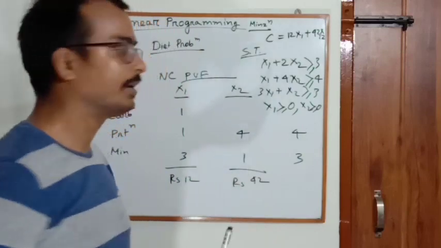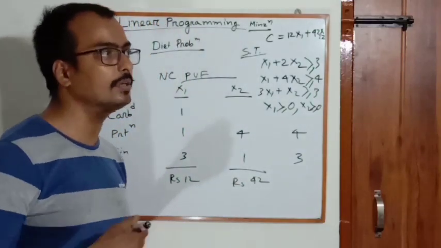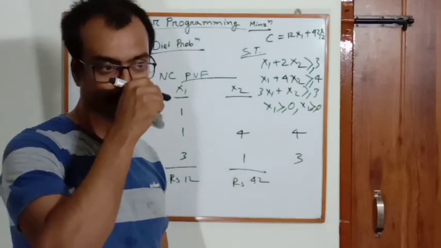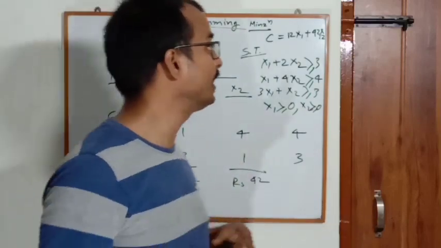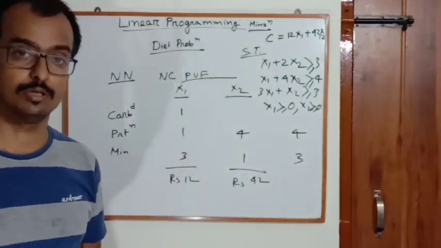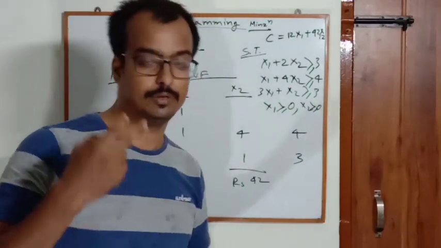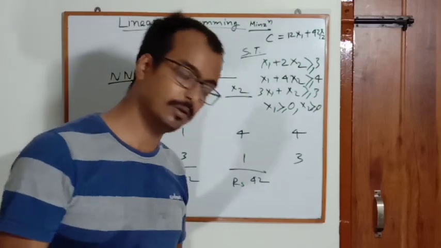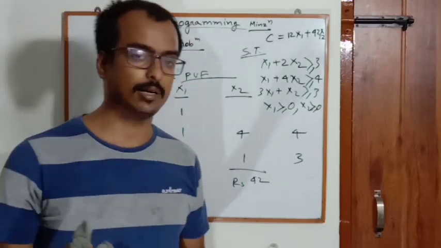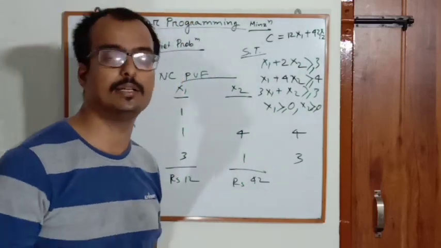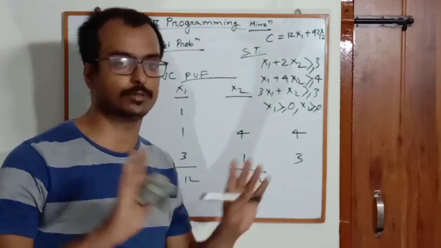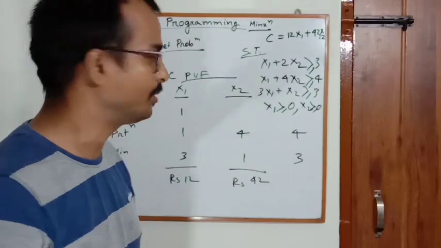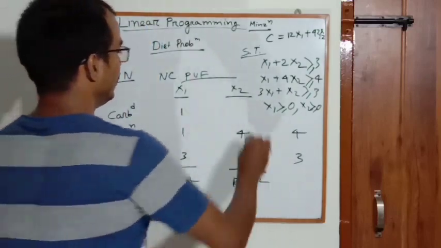This is the process. Now, what will be asked in your exam? In your exam, this type of problem will be given, and you will be asked to find the solution, the values of x1 and x2, which minimize the cost. So definitely you have to go for the graphic solution. You can go for the simplex method, but I have already mentioned the simplex method is out of your syllabus, that is not required. Till now, in your master degree, that will be required. It is very important.